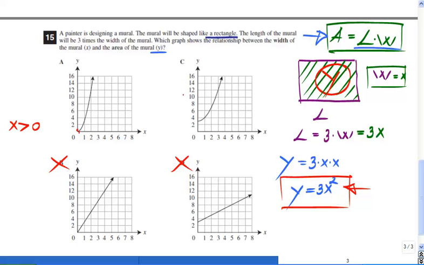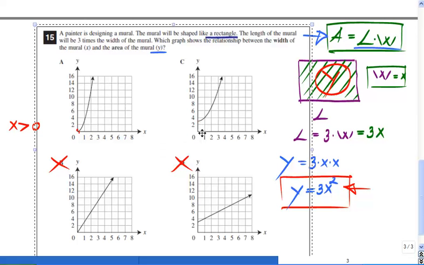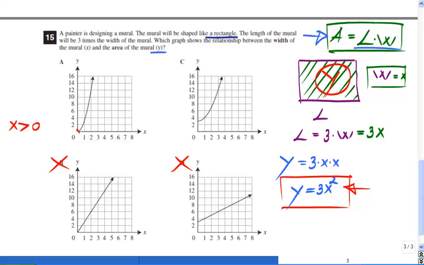While in graph C, if your x is very, very small, your y is not small, and it starts at a minimum of 3.